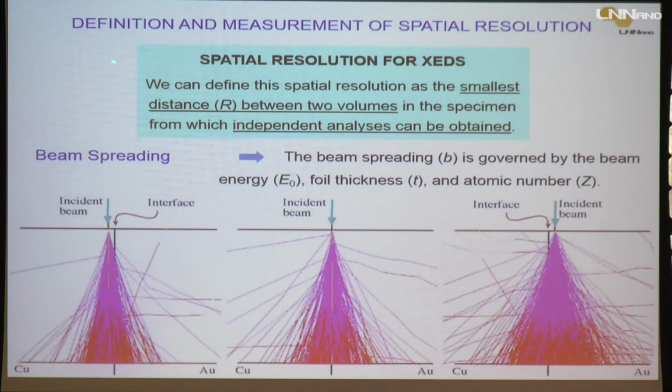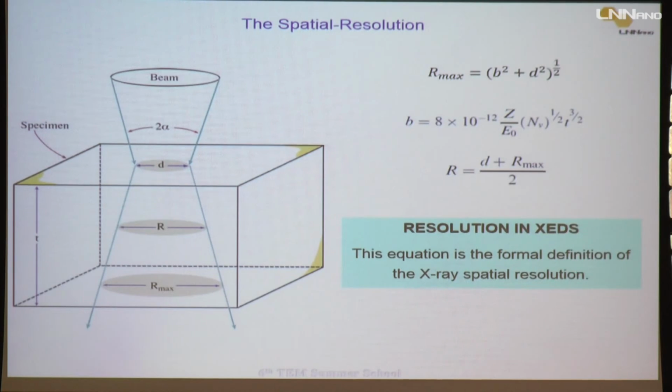Well, here about the spatial resolution that we may have, okay, the smallest distance between two volumes where we can have independent analysis, okay? One of the definitions that we see in the literature is this.